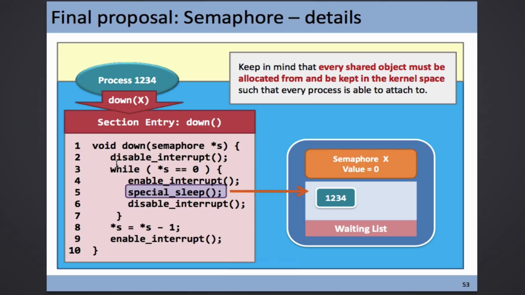I will quit this loop and decrement it by 1. That means 1 is unlocked, 0 now is locked, as if I'm using a lock variable. 1 down to 0. That's why the name is called down. 1 to 0, and then quit. Before I quit, of course, I have to enable interrupt. This is pass number 1.